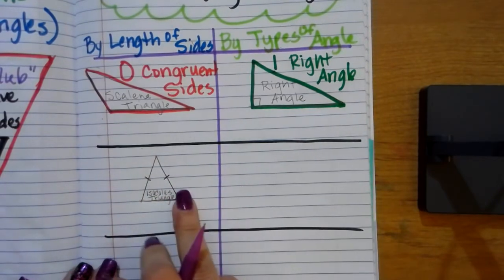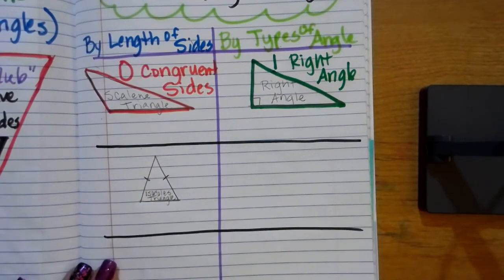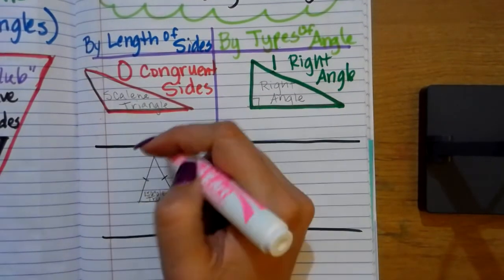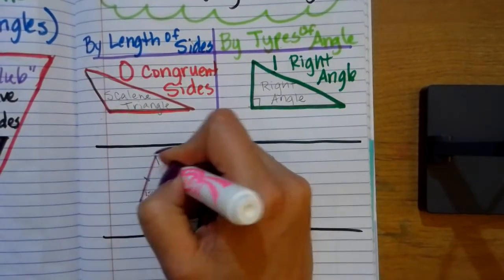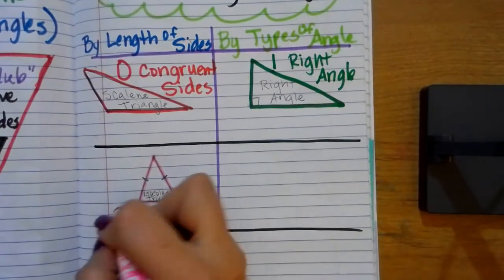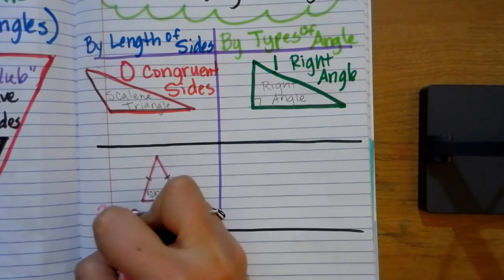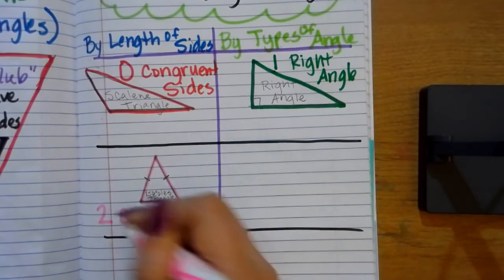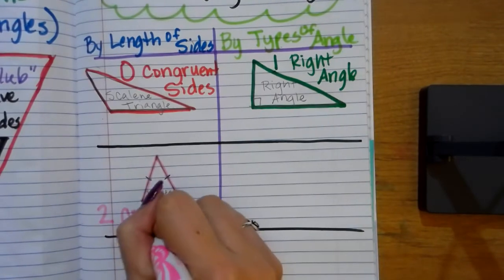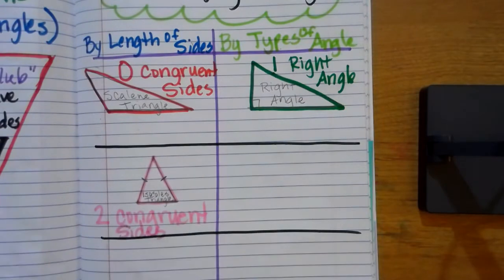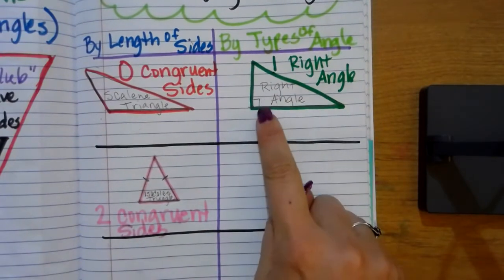And if you need to write it out to the side and put an arrow, you can do that as well. An isosceles triangle has a rule, and it says that it has 2 congruent, which means equal, sides. So all of this column is talking about the side lengths of the triangle. Over here, we're talking about the inside angles.